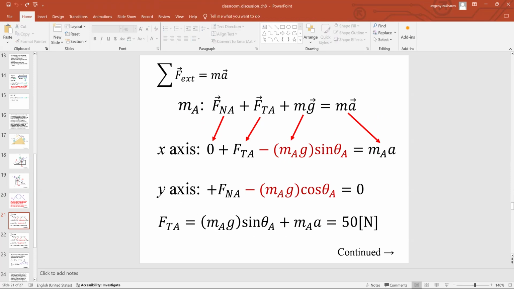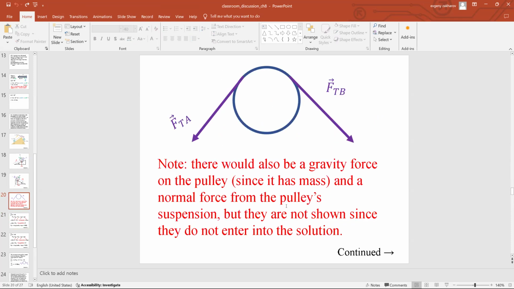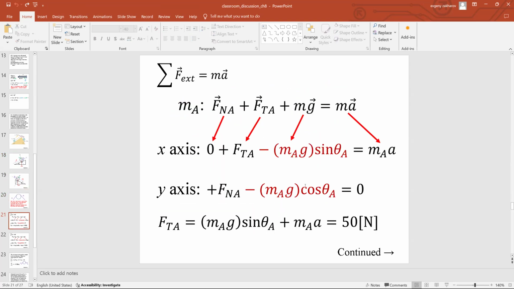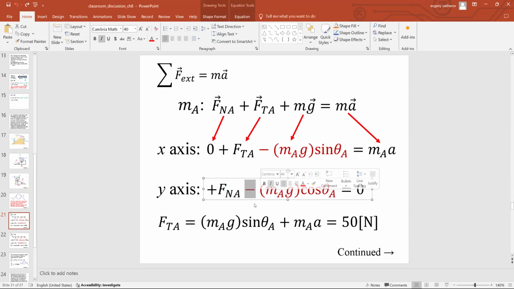Onto the y-axis, it's all normal force, and now gravity is also opposite, in the opposite direction, but adjacent to theta, and that's why it's a cosine function, but it's negative because it's opposite to the positive y-axis. So it's cosine and it's negative.